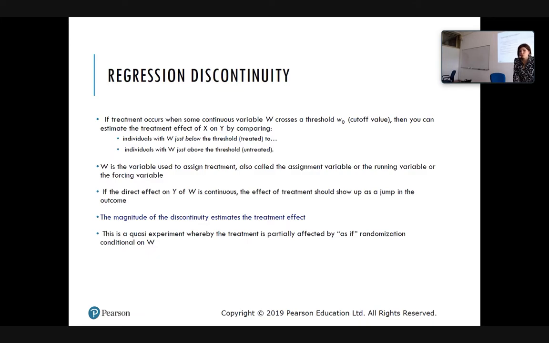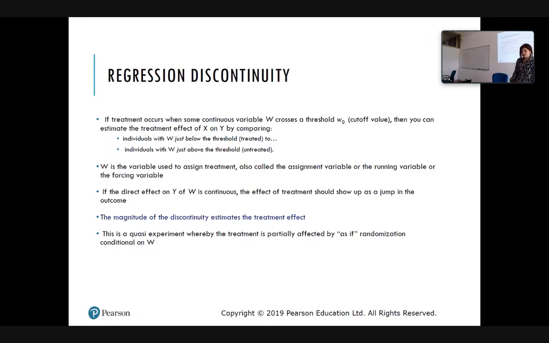So we don't want the ones who are treated and the ones who are not treated to have different characteristics other than the fact that the first are treated and the others are not treated. So this is what we want.